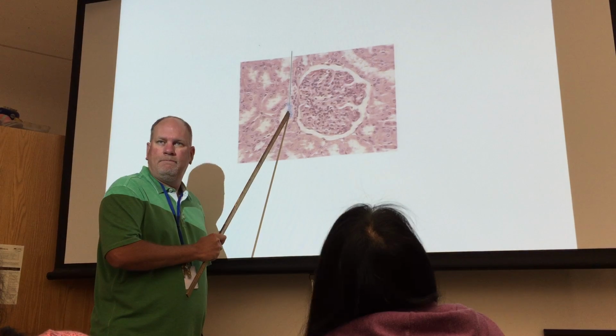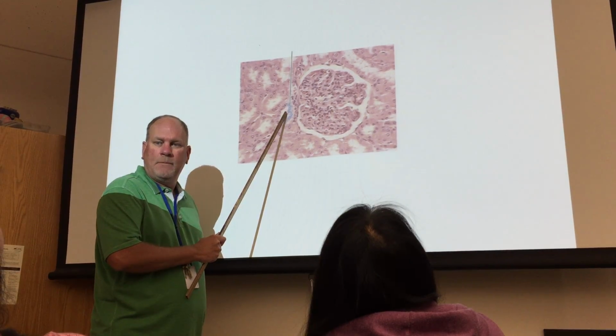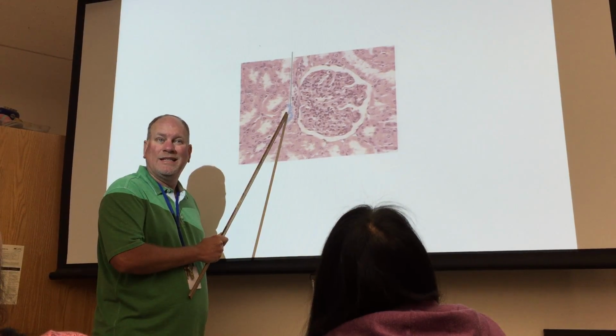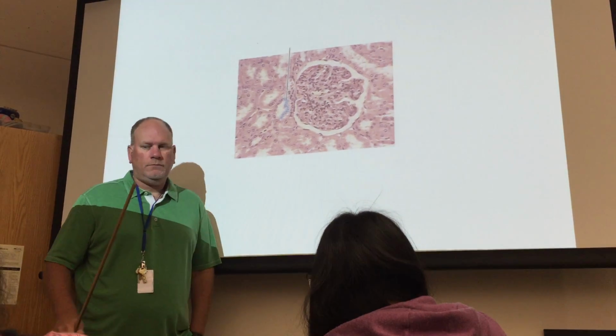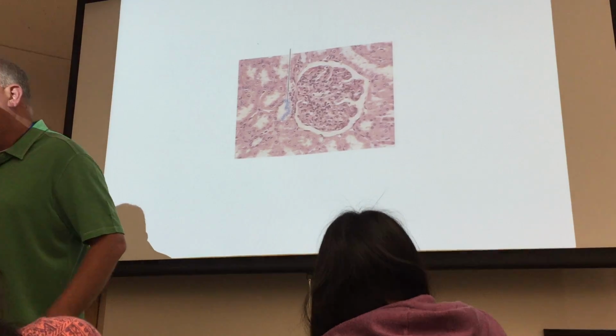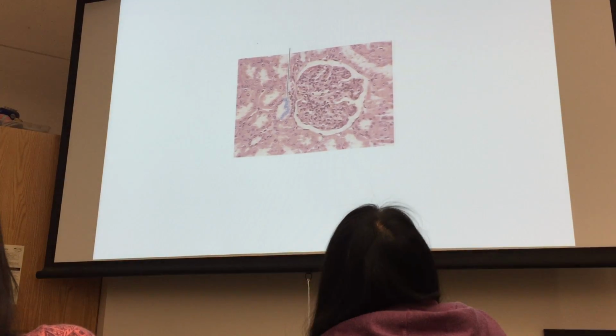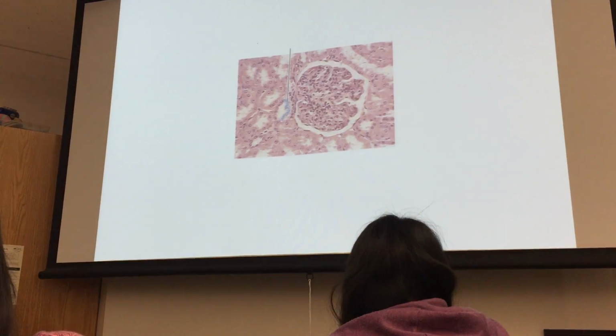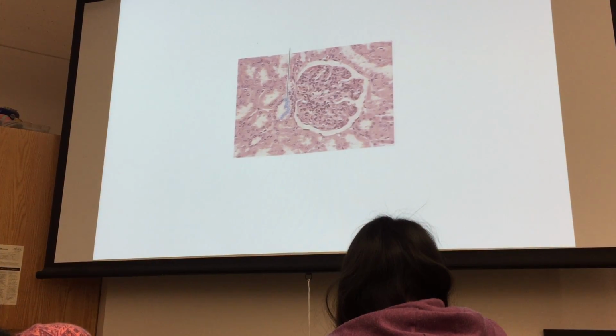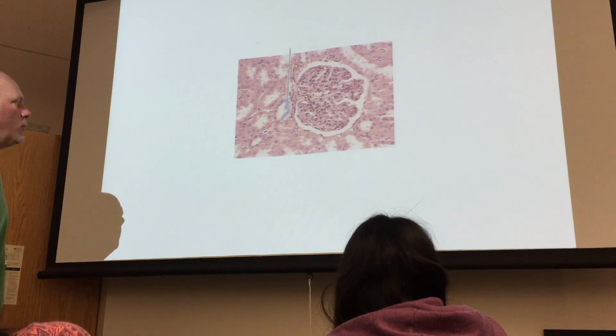Cell type. Macula densa cells. Type of receptor. Chemo or osmo receptors. I accept either one. They both mean the same thing. Osmo or chemo receptors.